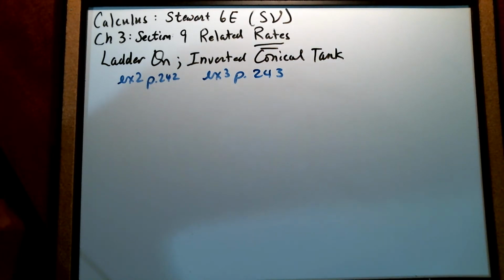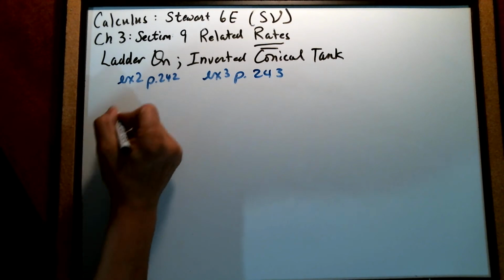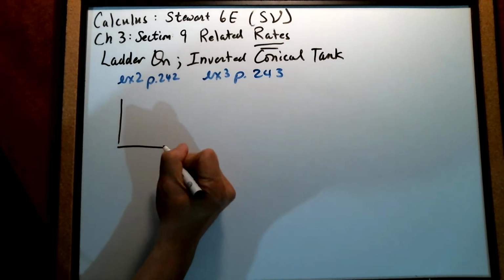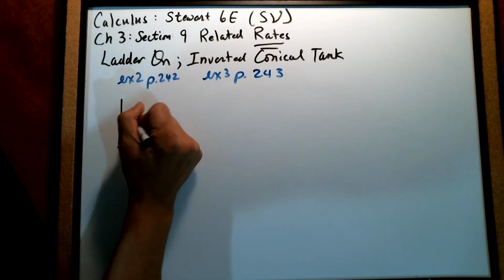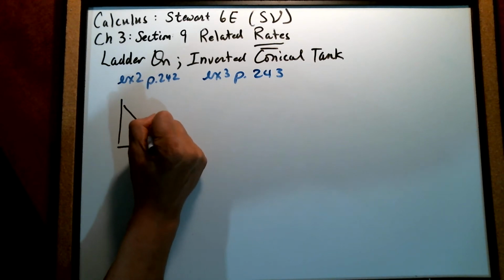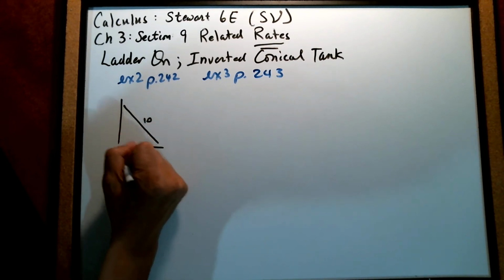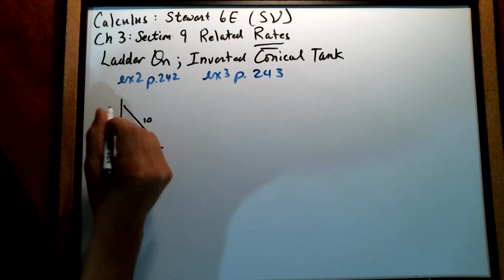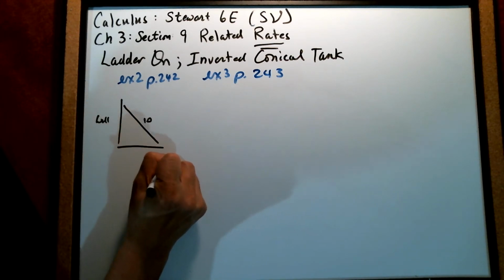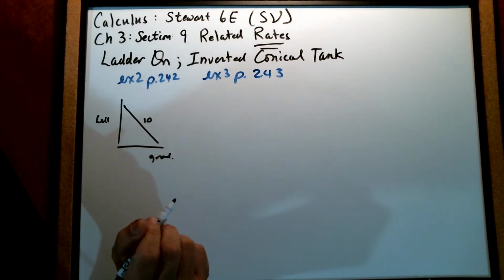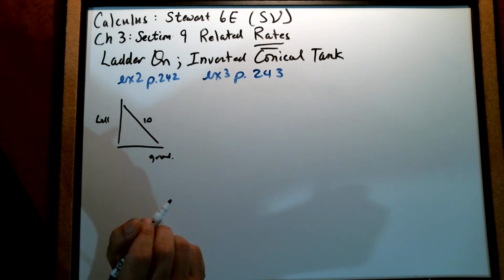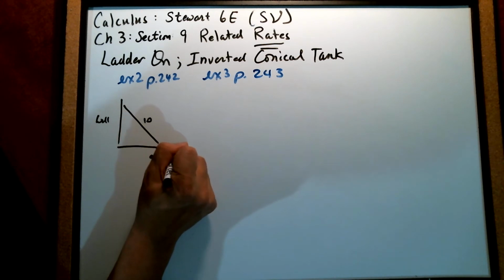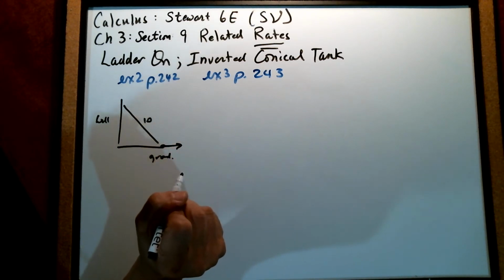A ladder is 10 feet long, resting along a vertical wall. So it's a 10-foot ladder right there. It doesn't move at all. Here's the wall, and here's your ground. If the bottom of the ladder is sliding away from the wall at a rate of 1 foot per second, so this is moving away from the wall 1 foot per second, how fast is the top of the ladder sliding down the wall?